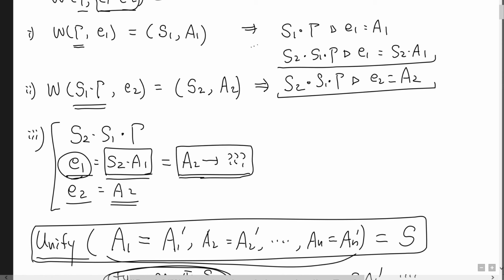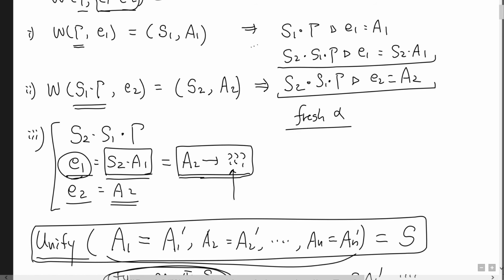At this point we don't know the resultant type, so we introduce a fresh type variable alpha here.